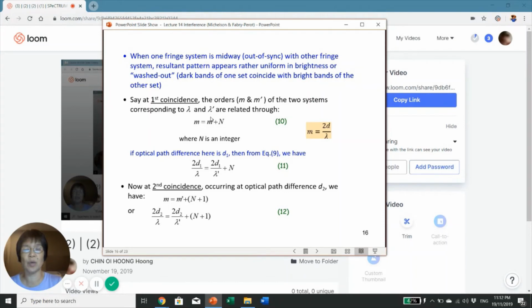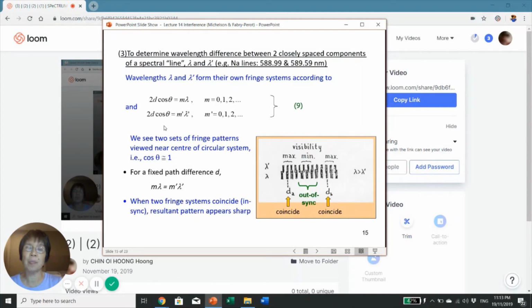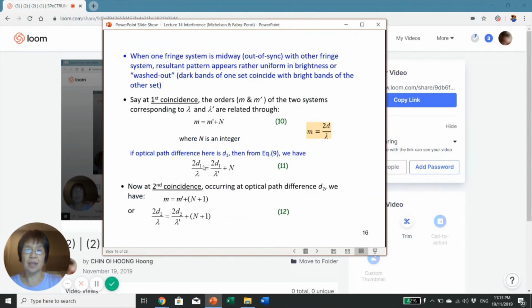This one corresponds to this wavelength. Now n must be an integer. Taking the optical path difference to be d1, from equation 9, we have 2d1 over lambda equals 2d1 over lambda prime plus n.